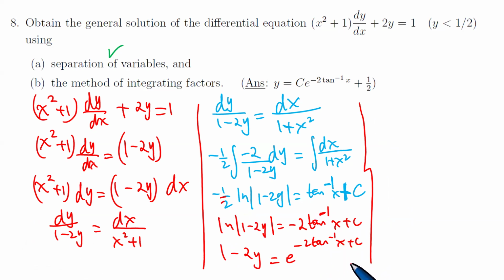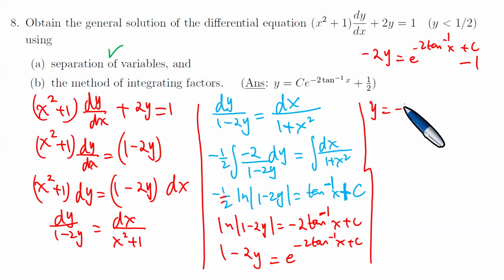Then you exponentiate like that. You move the minus 1, you divide by minus 2, which is minus 1/2 e to the minus 2 arctan x plus c, plus 1/2.